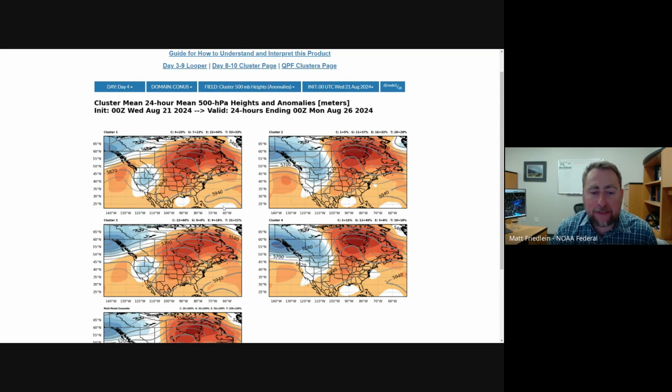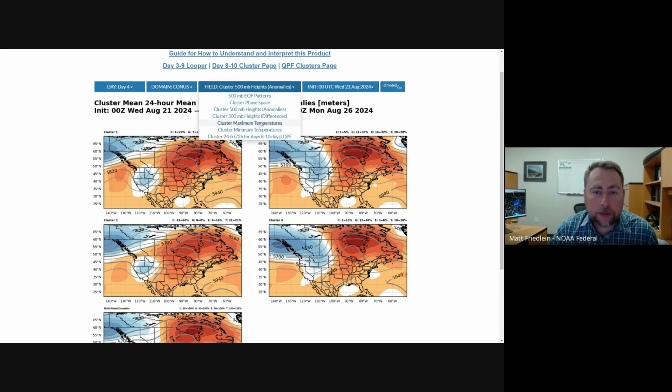It's almost half and half there. And there's not necessarily a certain model group in here, maybe more of the Canadian ensemble keeping that closed low, and maybe a little more European ensemble than GFS, but there's not necessarily one strong family over another.